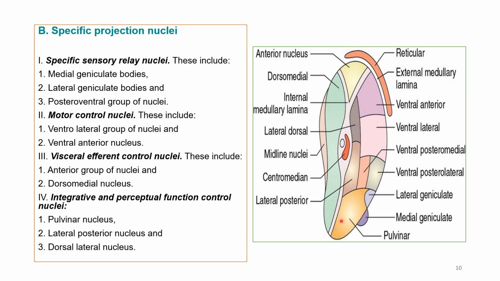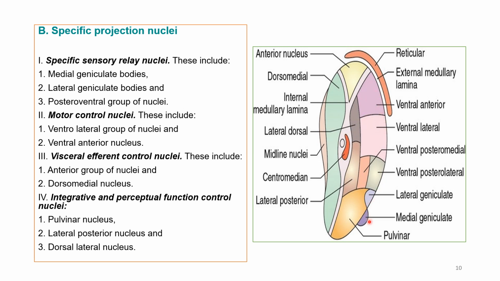These are the medial geniculate bodies, lateral geniculate bodies, and the posteroventral group of nuclei, that is posteromedial and posterolateral. Then motor control nuclei. These include the ventrolateral group of nuclei, ventrolateral and ventroanterior, that is controlling the motor function.